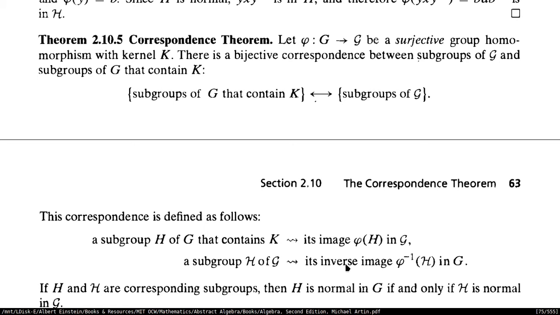So if H and the curly H are corresponding subgroups, then H is normal in G if and only if the curly H is normal in the curly G as well.